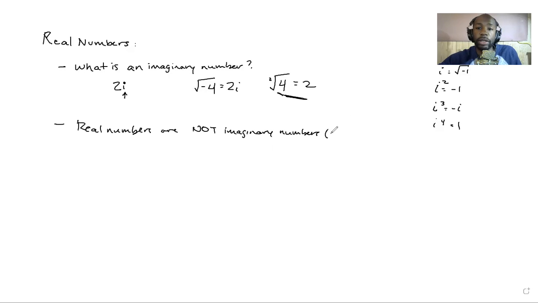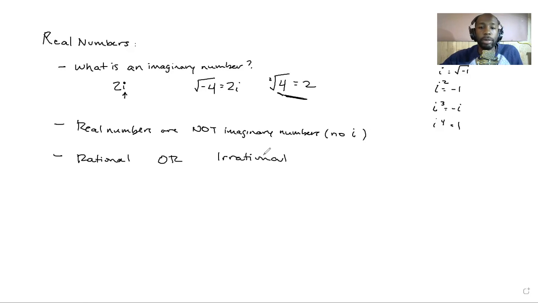In other words, there's never going to be an i in a real number. You're not going to take the square root of a negative number and have it be real. It can't be real. Next thing is, a real number is classified as either rational or irrational.